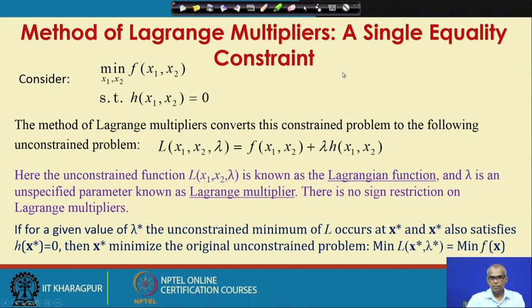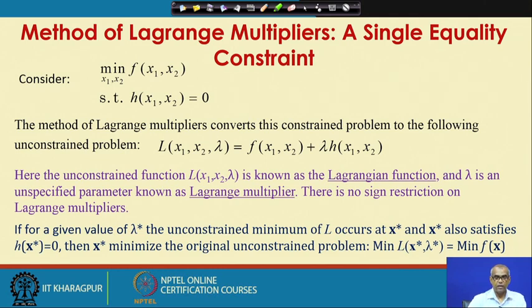Basically, given the equality constraints, we define the Lagrange multipliers. If you have a single equality constraint, we will have a single Lagrange multiplier. If we have m equality constraints, we will have m Lagrange multipliers.